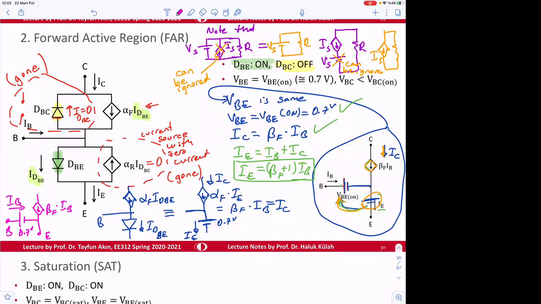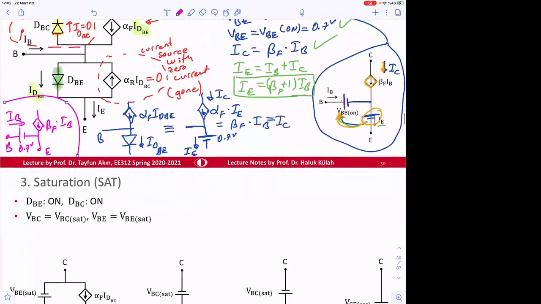From either small model, we achieve this. And this is the convenient way of representing the transistor. So this is the eventual model. Is that okay?